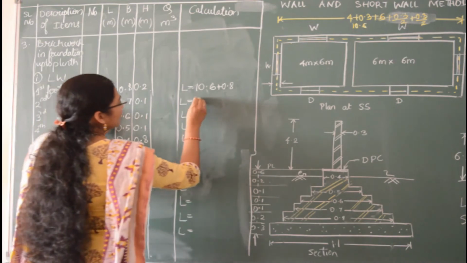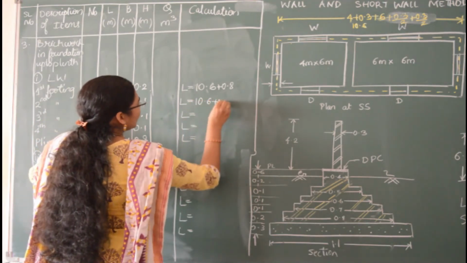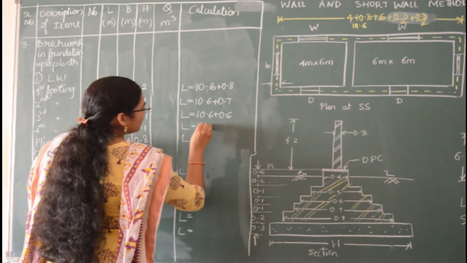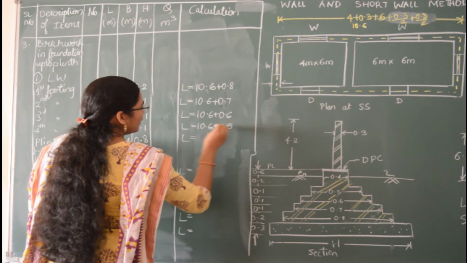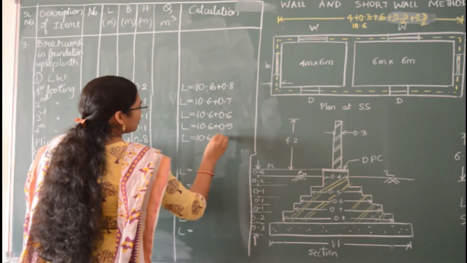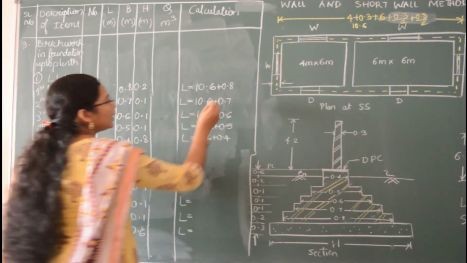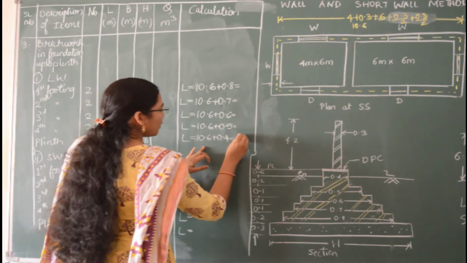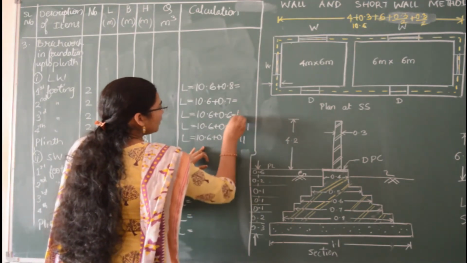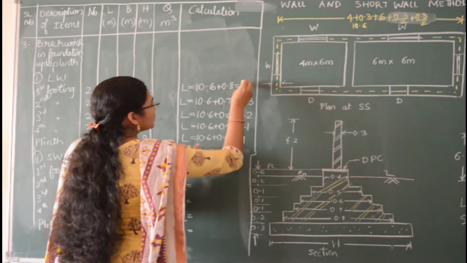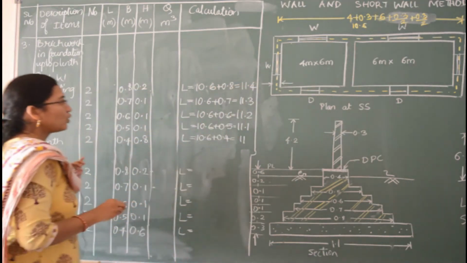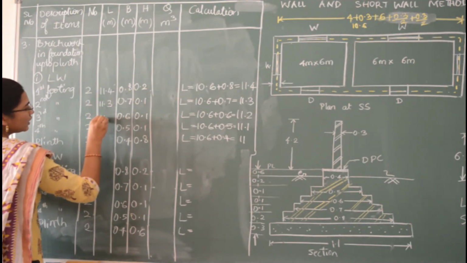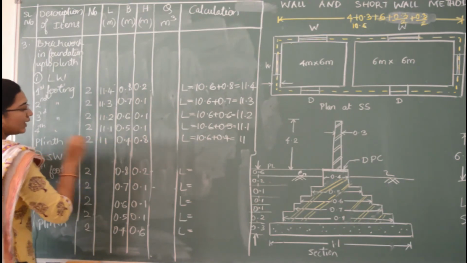Similarly, the next one, 10.6 plus 0.7, 10.6 plus 0.6, 10.6 plus 0.5 and 10.6 plus 0.4. So we have to calculate all these distances. So 10.6 plus 0.4 is 11, then 11.1, 11.2, 11.3 and 11.4. So I'll be writing here 11.4, 11.3, 11.2, 11.1 and 11.